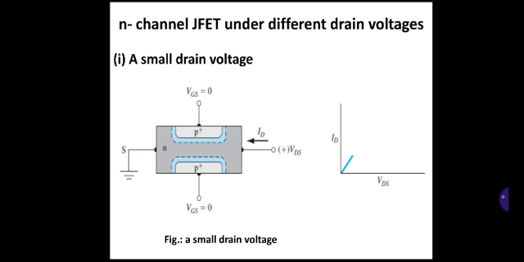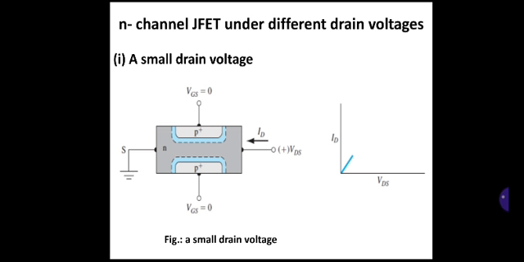Now consider the situation in which the gate voltage is held at 0 volts, VGS equal to 0, and the drain voltage changes. In this case, N channel JFET under different drain voltages, we are varying the drain voltage. In the previous case we kept the drain voltage constant at some positive voltage.